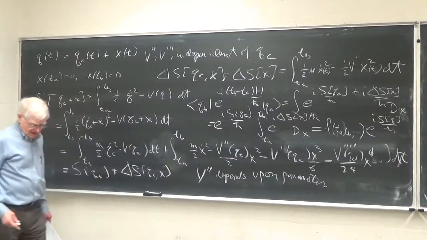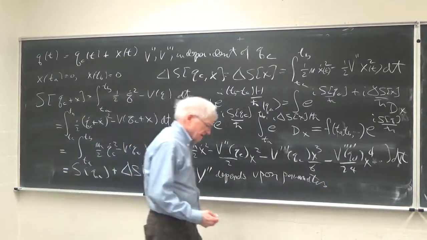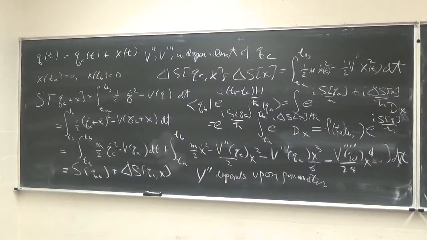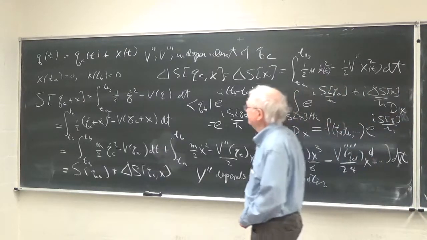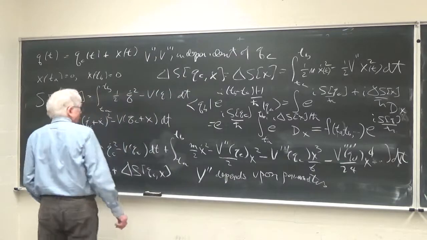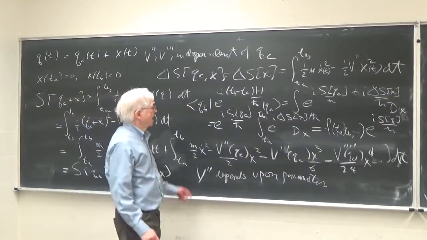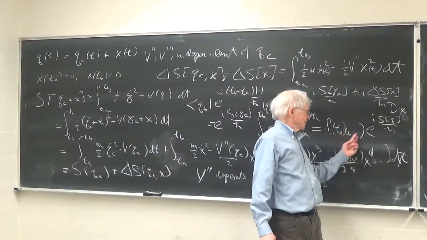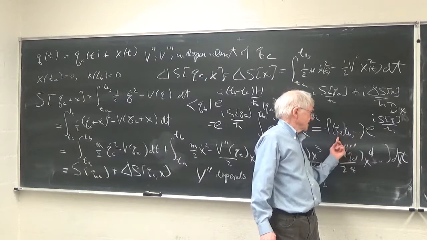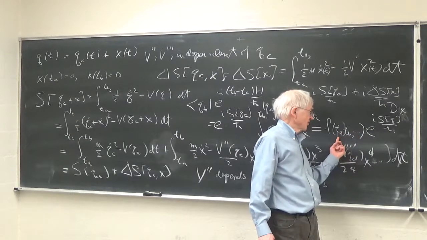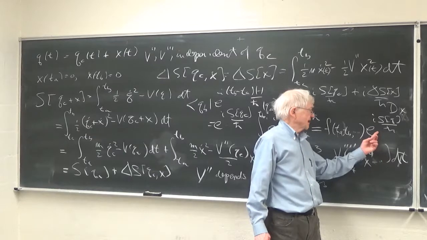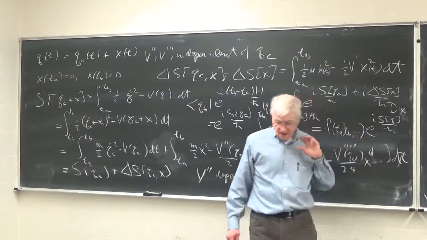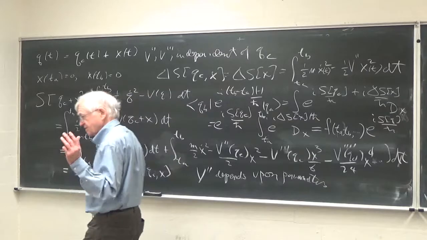So in other words, the amplitude for a process factorizes into something that's a function of the time interval times a simple factor of the classical action to go from the initial to the final state.